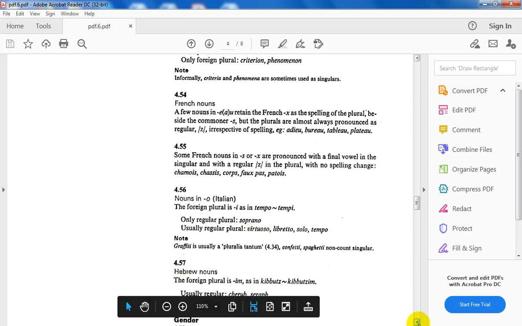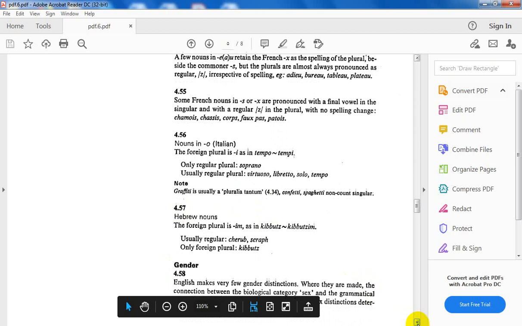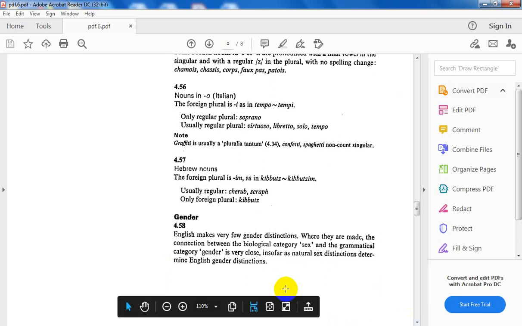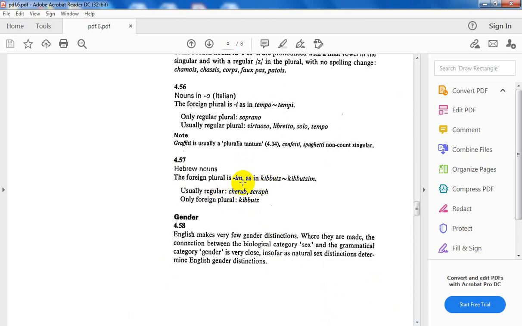Hebrew nouns, from Persian or I think Hebrew. The foreign plural is adding im to the end of the noun. Kibbutz, kibbutzim. Say, adding im. In English, if we add s to the end of the singular noun, I add im to the end of the Hebrew nouns.